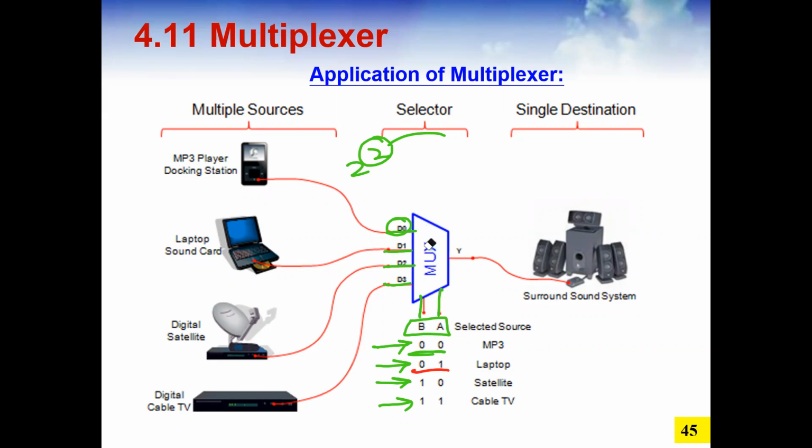Similarly, if the selection line value is 1 1, whatever is connected at D3 is going to be connected with the output. Are you getting this one? Multiplexer now.